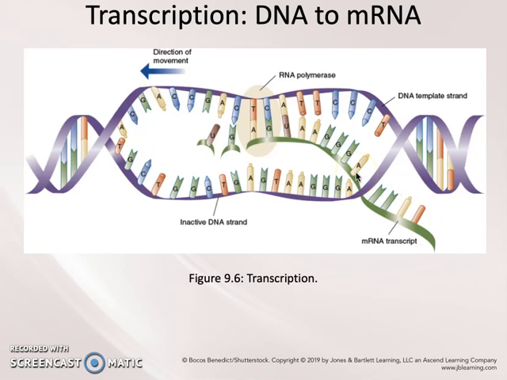The other main difference is that the enzyme responsible for this is RNA polymerase, not DNA polymerase, because you are making RNA in this case, so you use a slightly different enzyme. Finally, unlike DNA replication, RNA transcription is only making a single strand. You are not copying the opposite strand of the DNA molecule.